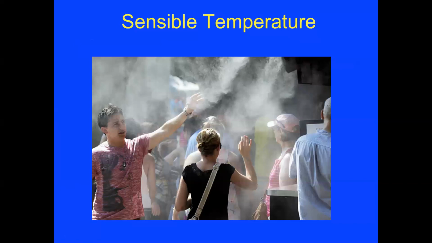On a warm, dry day, there is very good evaporative cooling taking place. So the temperature doesn't seem as hot as it is in the case when the relative humidity is very high.